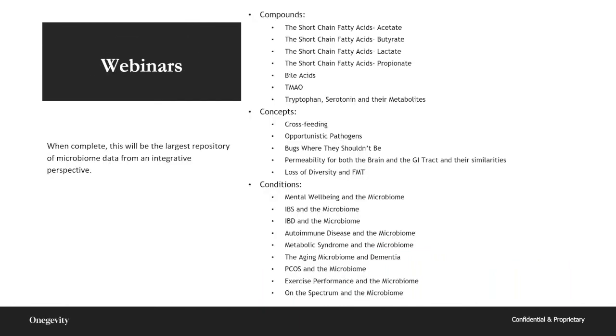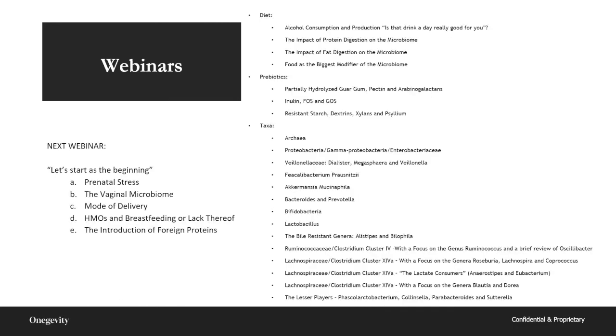When this webinar series is complete, it will be the largest repository of microbiome data from an integrative perspective. On the right-hand side of the screen, you'll see that I've categorized them into compounds, concepts, conditions, diet, prebiotics, and the many important taxa which have been shown to play significant roles in the gut microbiome, for better or for worse.